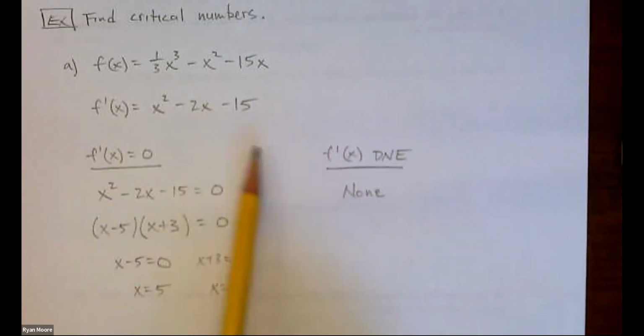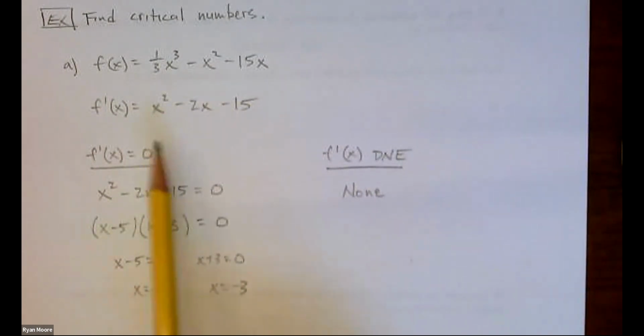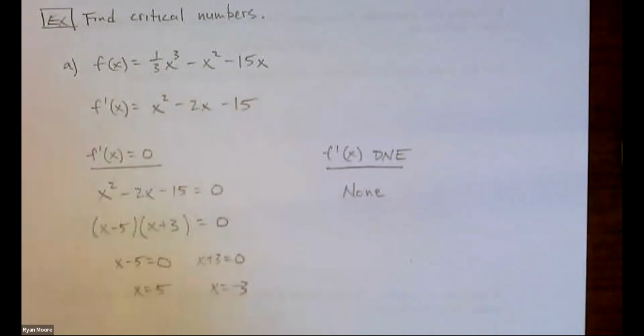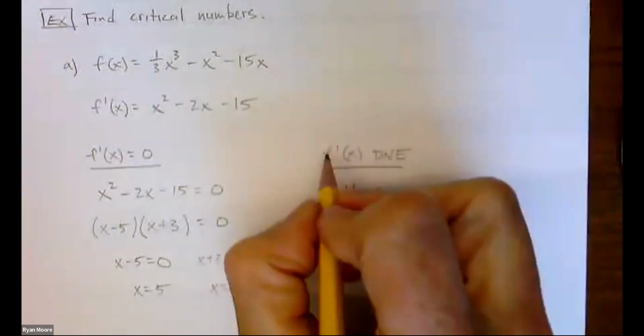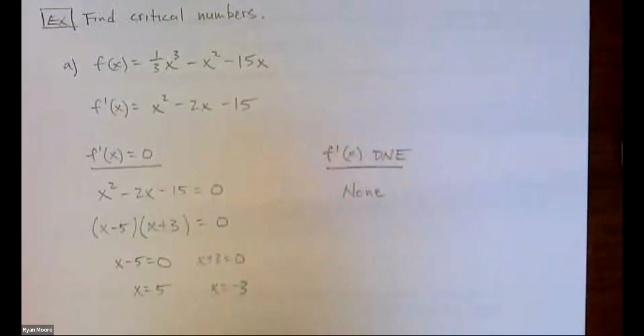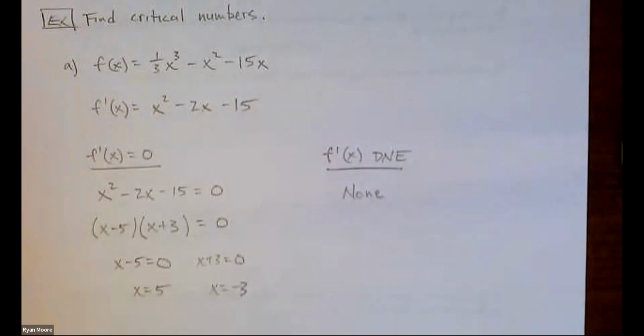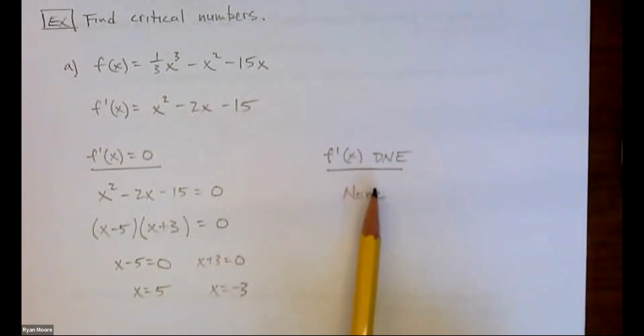Kind of the idea is, when you've got a polynomial, even your derivative is a polynomial, that's never going to be an issue for a DNE because there's no cusps. There's no vertical asymptotes. You're never dividing by 0 in the derivative, that sort of thing. So again, we'll look at one where this will give something that'll be a little bit more clear.